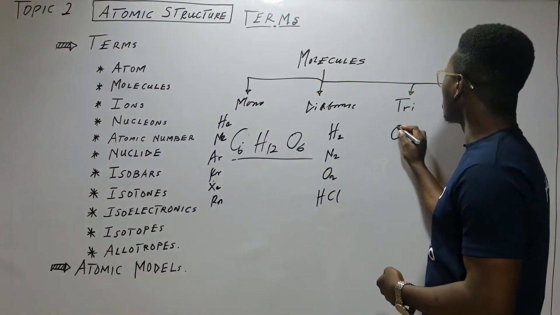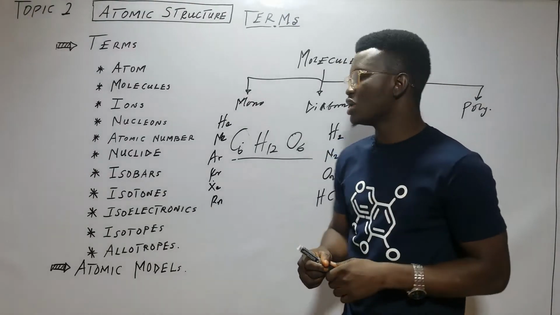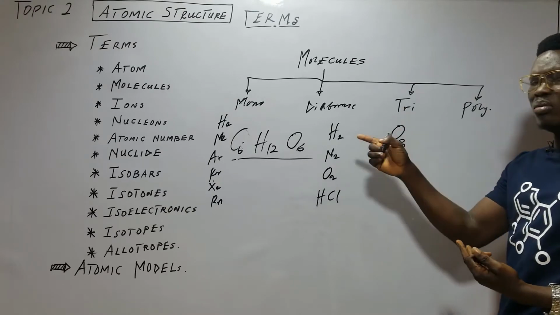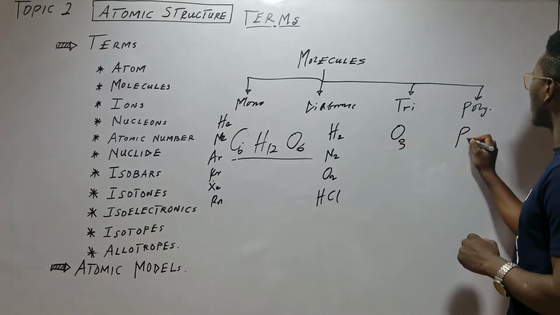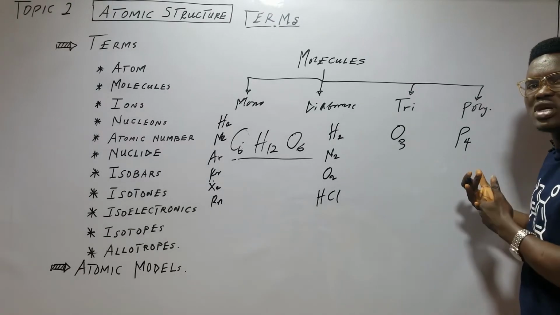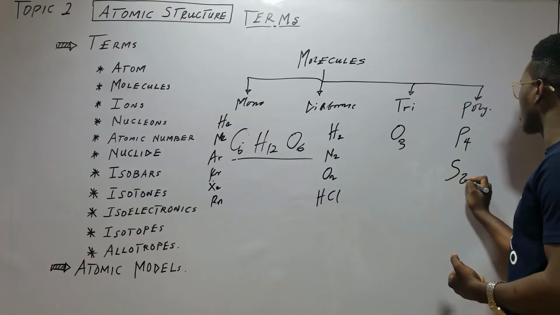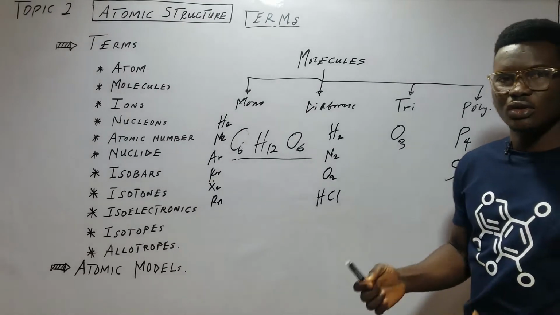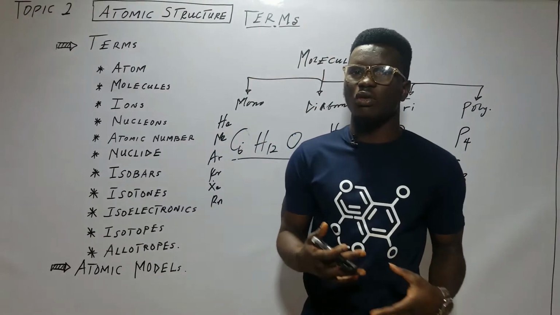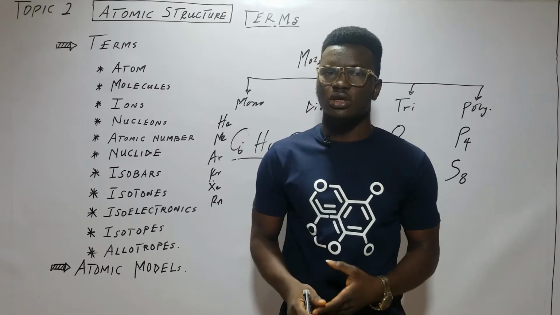Ozone is an example of a triatomic molecule made up of 3 atoms. A polyatomic molecule can be an element that can stay on its own but is not mono. Phosphorus can exist on its own, so it is polyatomic, made up of many atoms. Sulfur as well is a polyatomic molecule. So let's just leave this at the basic. There are still complex molecules made up of several atoms, but we call them polyatomic molecules.